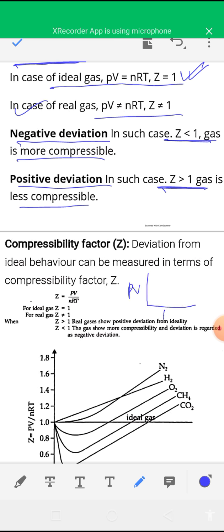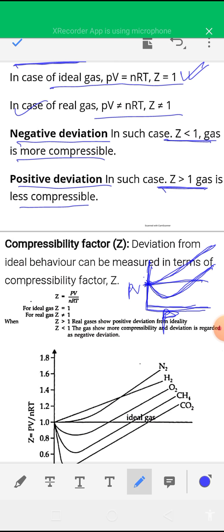The PV versus P graph, which is parallel to the P axis for ideal gas, we know that. But for real gas the PV versus P plot is different from ideal gas. For some real gases PV values increase from the beginning as pressure increases, and for a few gases the PV values first decrease then increase.